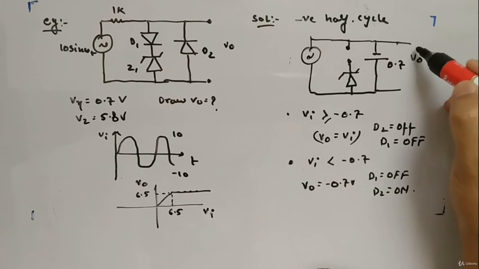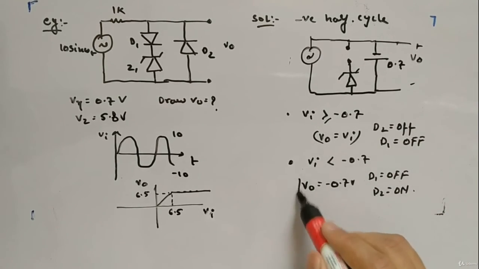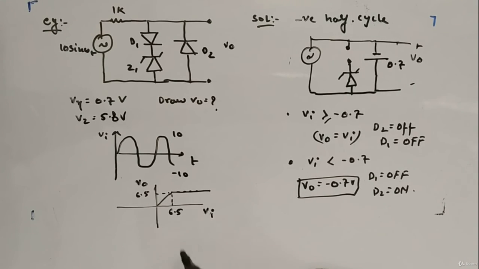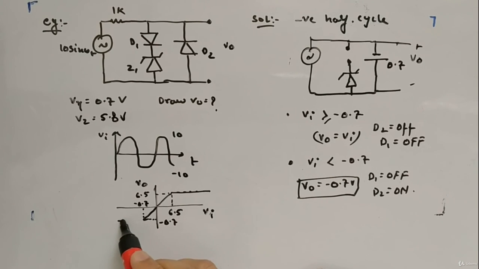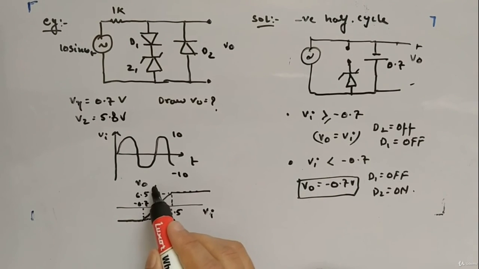This is negative positive, this is positive negative, that's why it is minus 0.7 volt. So you can say it will go on and on, and at minus 0.7 it will stay at that, above this. So this is our V0 curve.